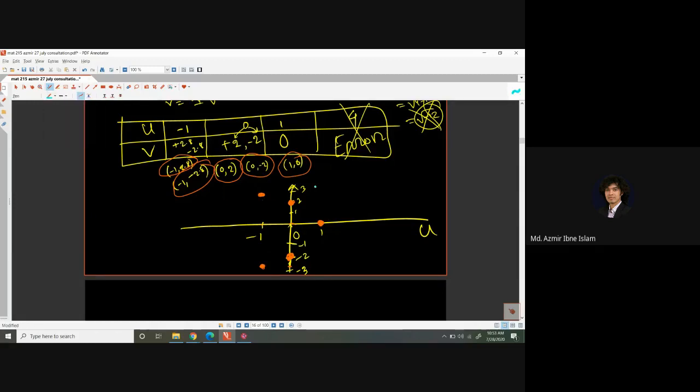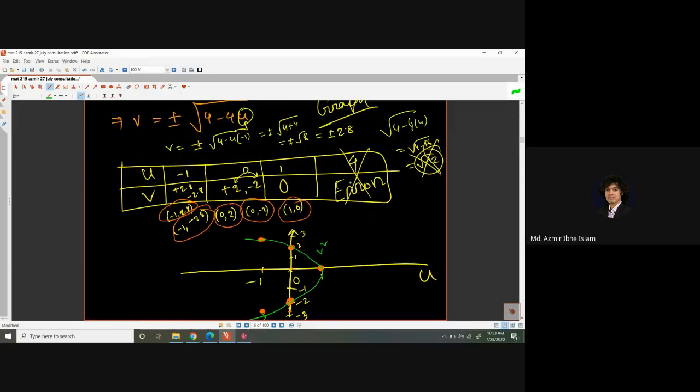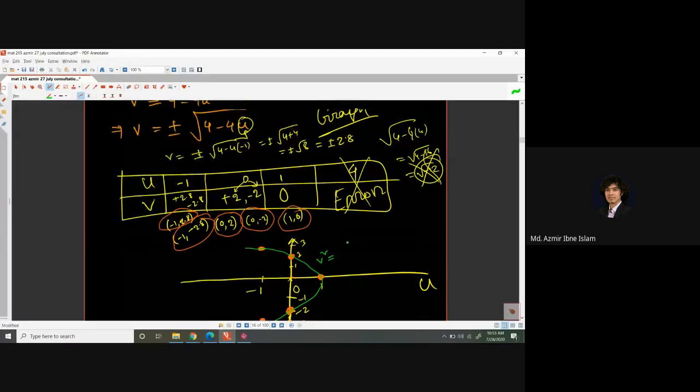Now we can join the points. You can draw the figure by your free hand. Is that okay? So this is the graph of v squared equal to 4 minus 4u.